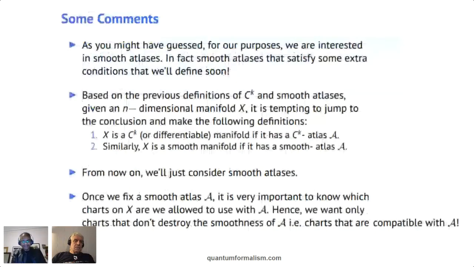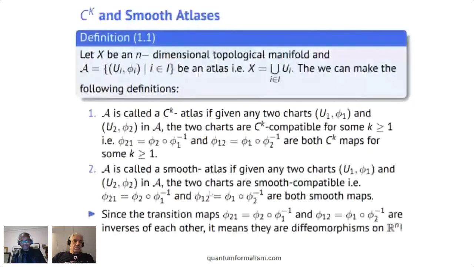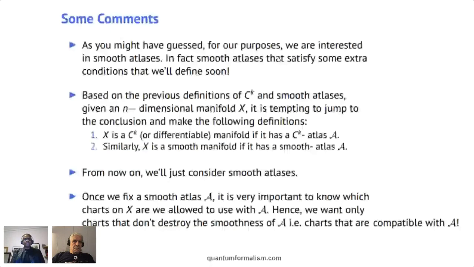Okay, so now the comment makes sense. We know what a smooth atlas is. A smooth atlas is an atlas where, given any two charts, the two charts are smooth compatible, okay? So this already hints that we are interested in smooth atlases. This comment here is that you might jump to the conclusion that X is a CK manifold if it has a CK atlas.